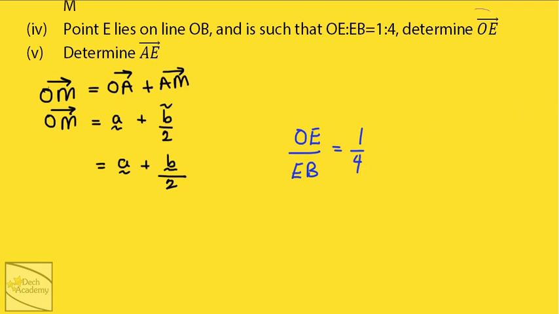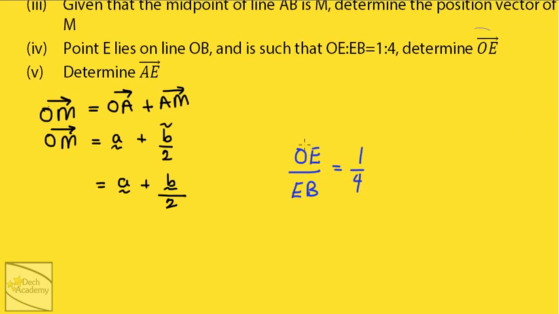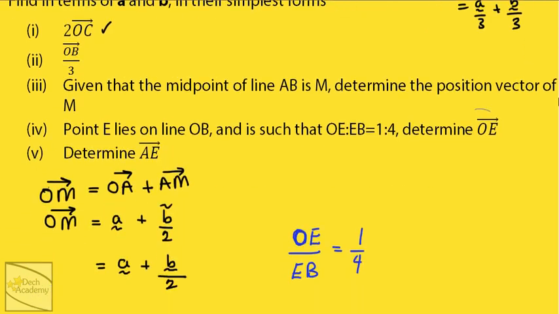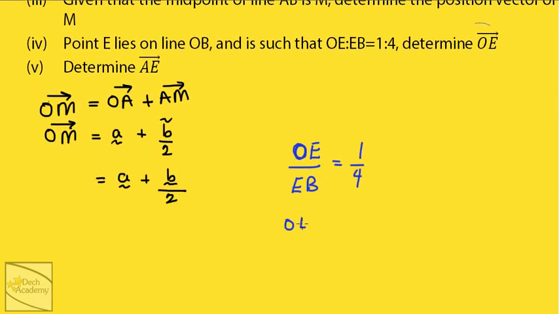Now, if you think about it, for every 1 unit, if you understand ratios, then the statement I'm going to make next will make sense. This is OE and this is EB. If OE is 1 unit and EB is 4 units, that means for every 1 unit of OE, you have 5 units of OB, the whole line, O to B, which means that the ratio of OE to OB is going to be 1 over 5.